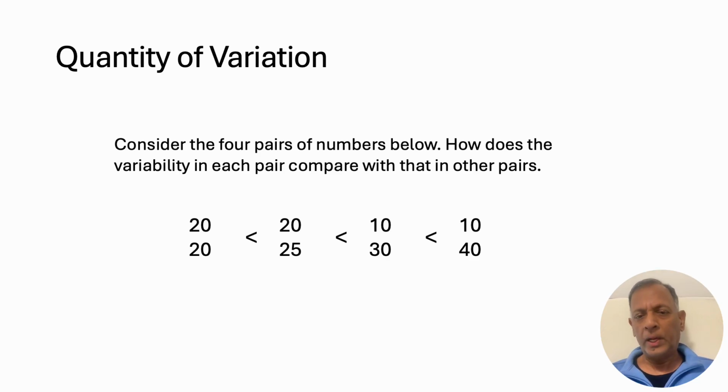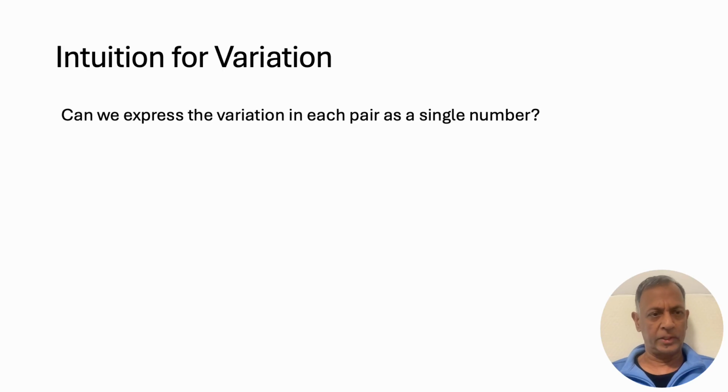So not only are we saying that there is variation in the values of a variable, we also want to say to what extent, and whether one variation is greater than another. Shortly we will see how we can assign an actual number to this variation. Clearly there is the quantity of variation, and some variations are more than others. There is the intuition, and then of course there is the actual calculation.